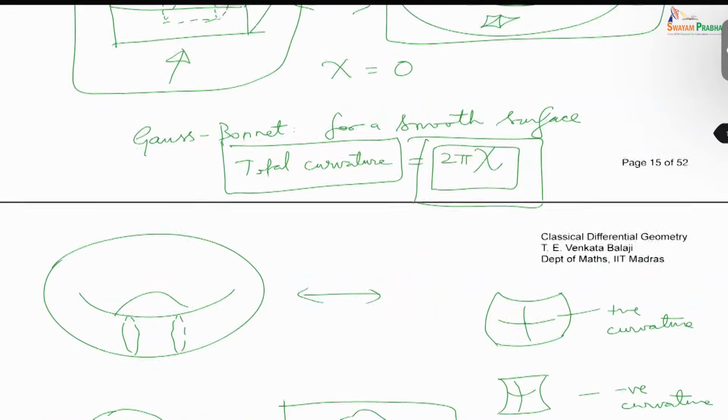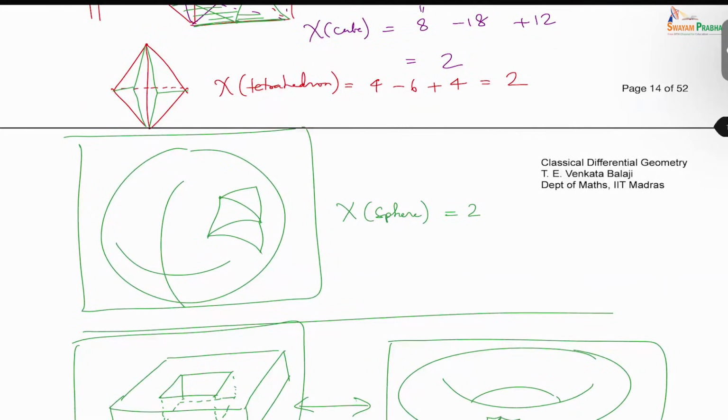I gave you the case of a sphere. If you give me a surface, you can make what is called a triangulation. That means you break the surface into triangles.